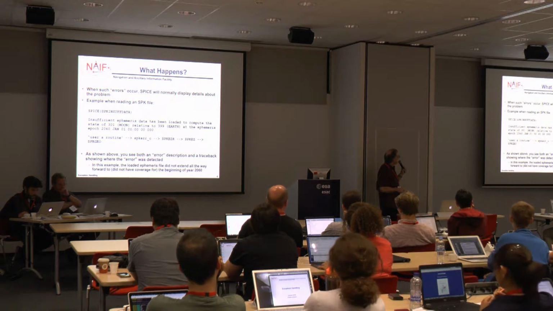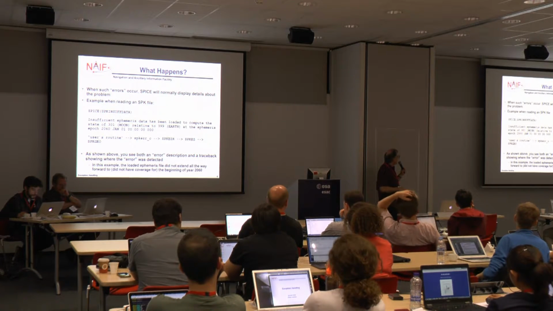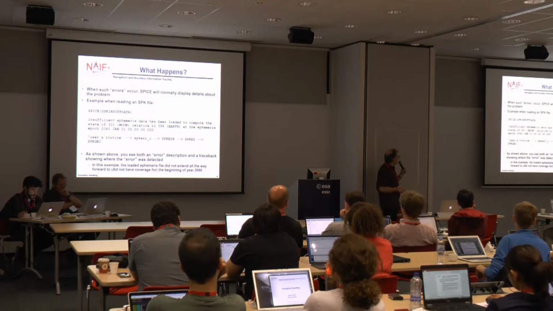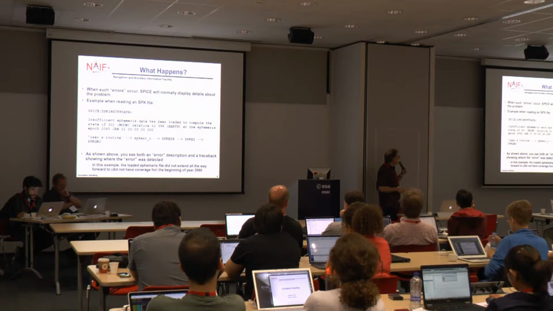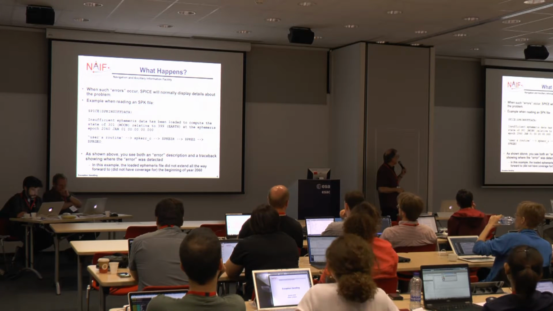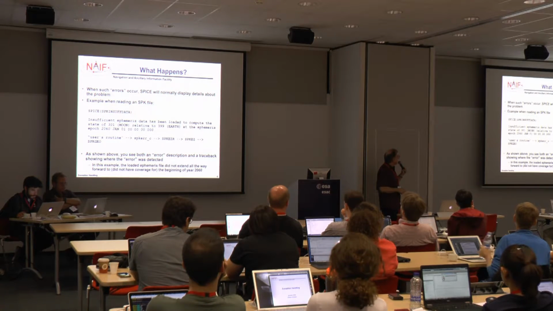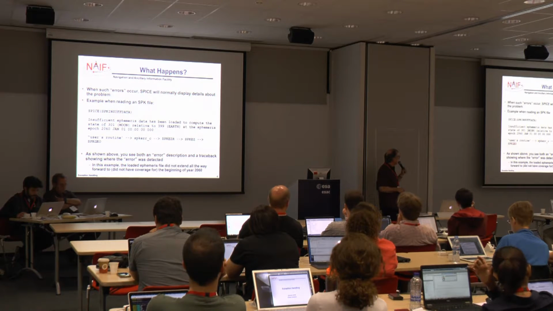So here it tells you what the target was, what the observer was, and the time at which the state was requested. And then there's a traceback. This is a traceback message that is independent of whatever operating system you're using. It's just created by the SPICE Toolkit itself. And it shows the sequence of calls that led to the lowest level call at which the error was actually detected.